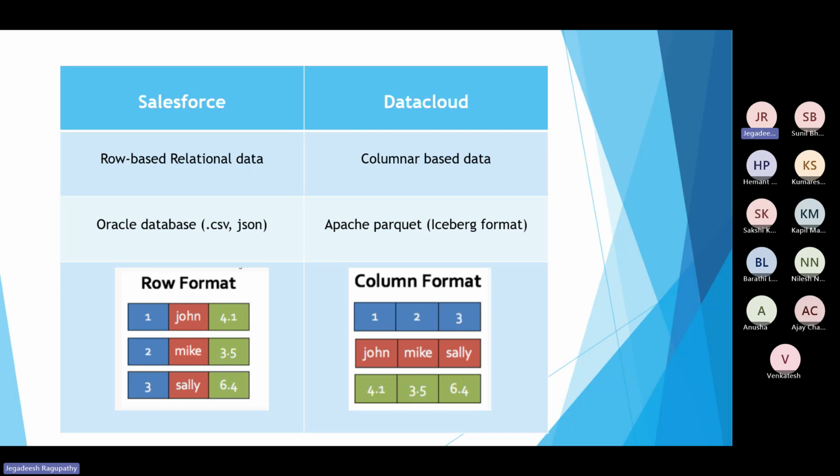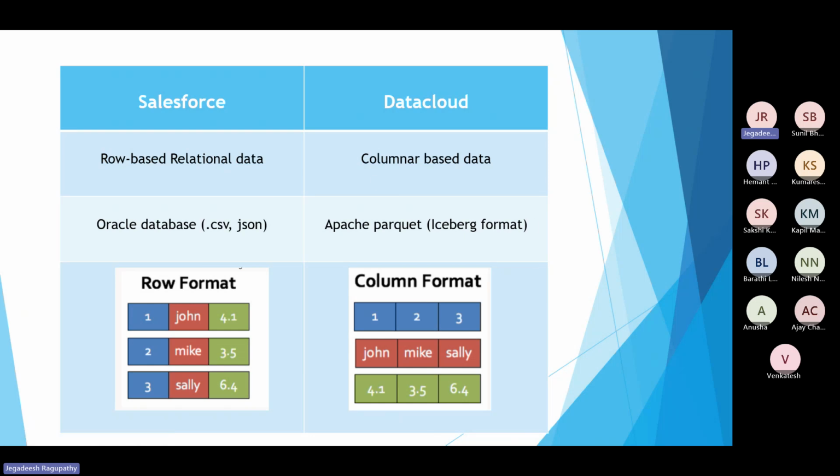And this is a general format of the RDBMS diagram. Each row is identified based on the primary key, right? But when it comes to Data Cloud, which is columnar-based, the entire data is stored column-wise. This is the primary difference between how data is structured in Salesforce compared to Data Cloud.